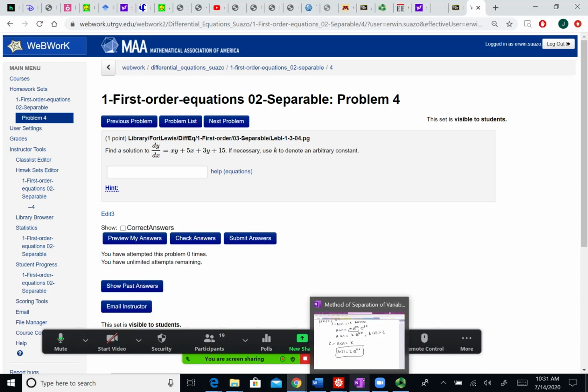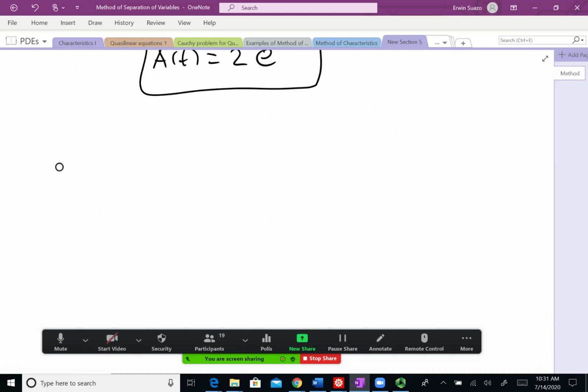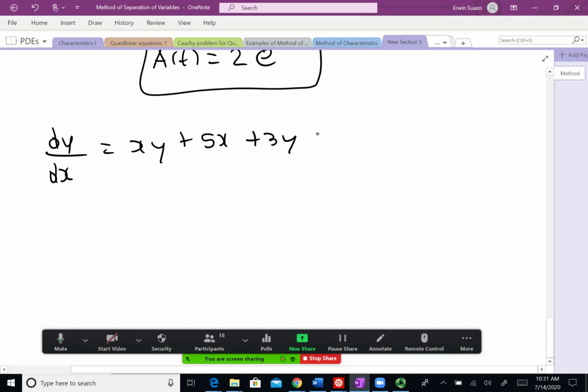I'm going to write it down here on my screen. dy dx equals xy plus 5x plus 3y plus 15. So ideas. What can we do? Factor. Yes. What could I factor?